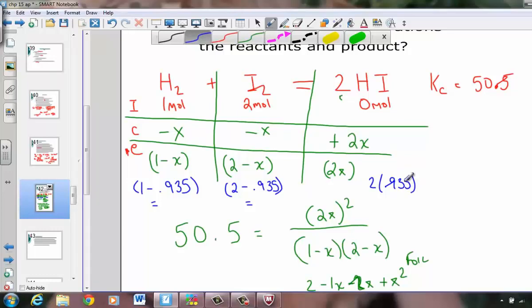1 minus 0.935 gives us an equilibrium concentration of hydrogen as 0.065, or excuse me, these are molar concentrations, so moles. 2 minus 0.935 gave us a value of 1.065 mole units.